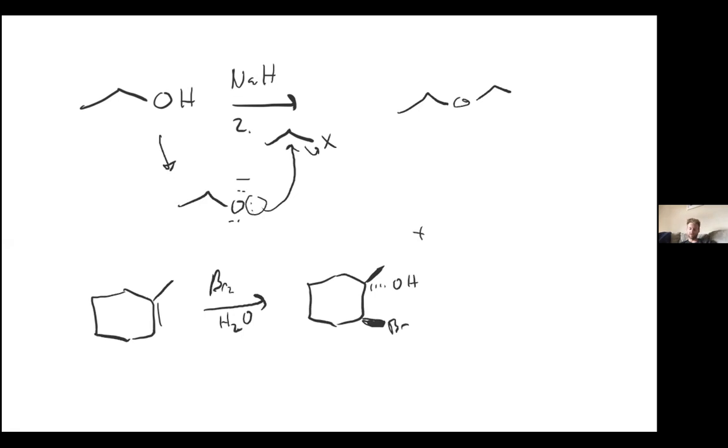So using the same concepts we did before, if we throw in a base, the book usually uses NaOH, but really you could use a bunch of different ones, you can deprotonate your alcohol.